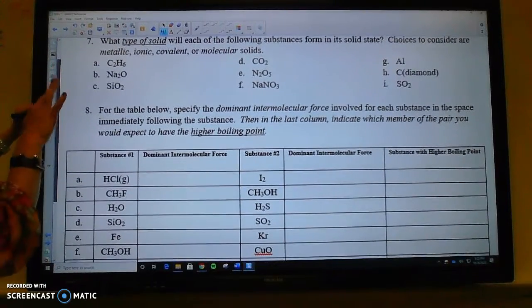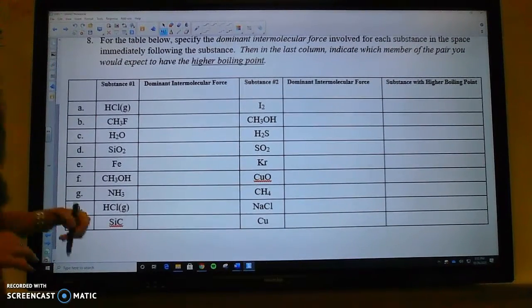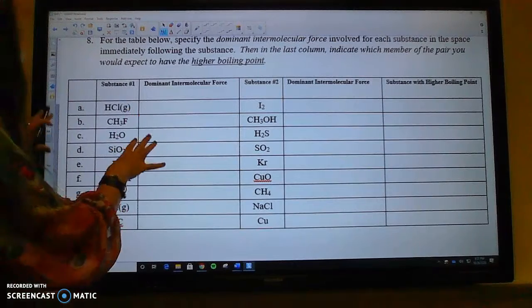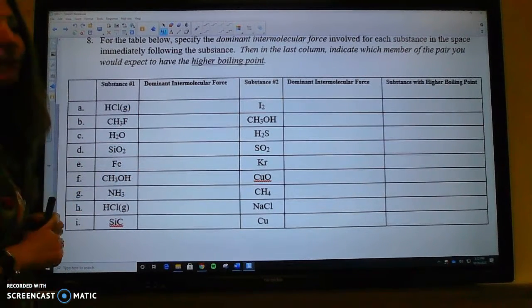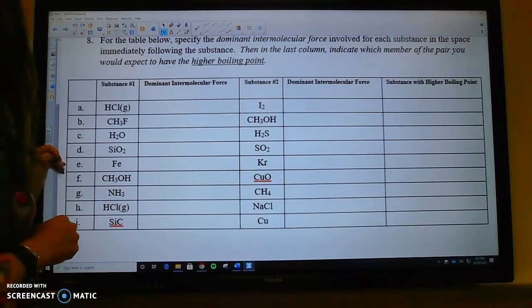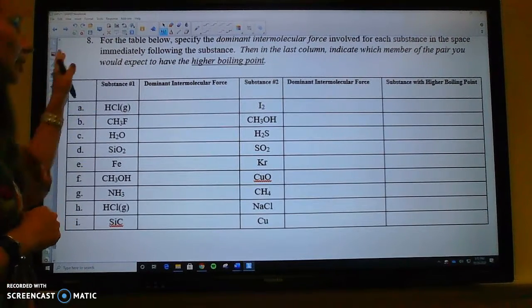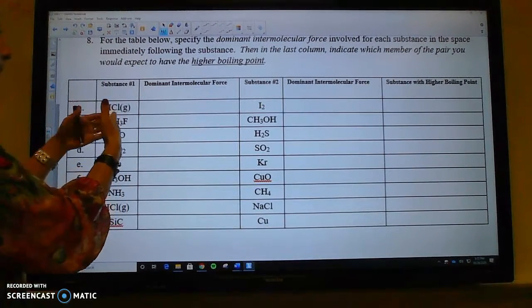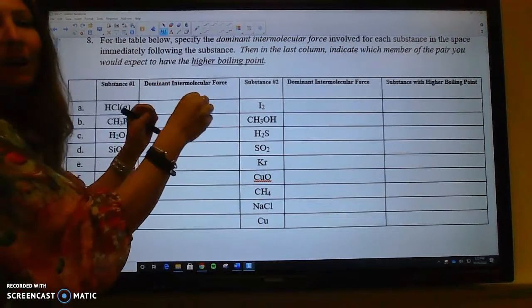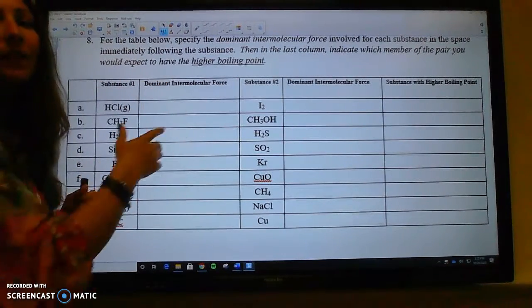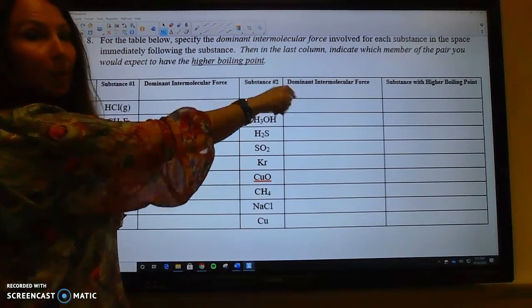Skipping over number 7 for a second, I want to make sure we have time in the video to go over number 8. There will be test questions with this information on there. So, for letter A, actually for this whole thing, we have to determine what's the dominant IMF, and whichever one has the strongest IMF is going to lend itself to the higher boiling point.